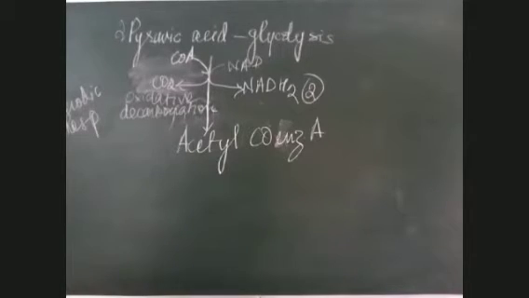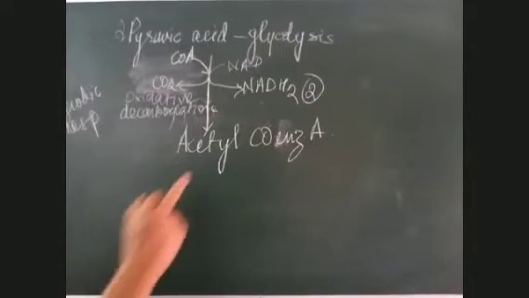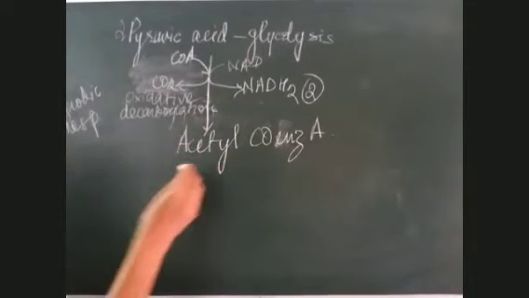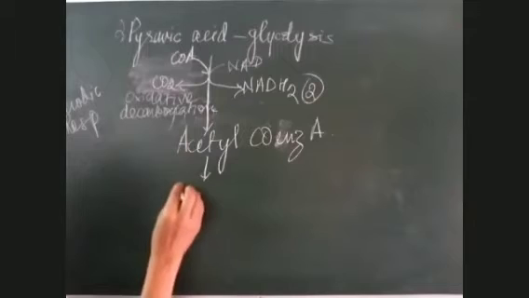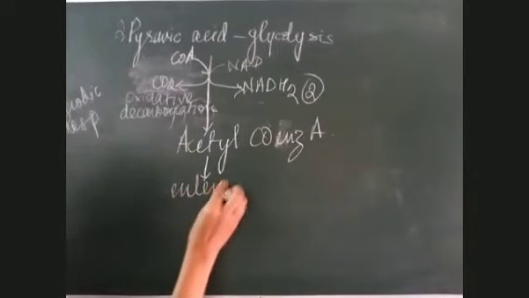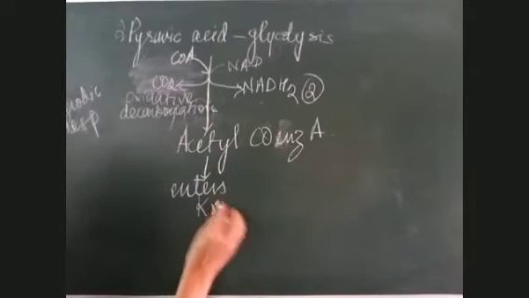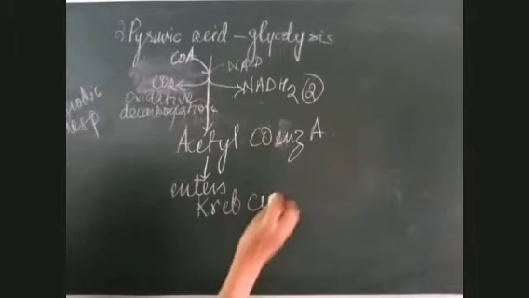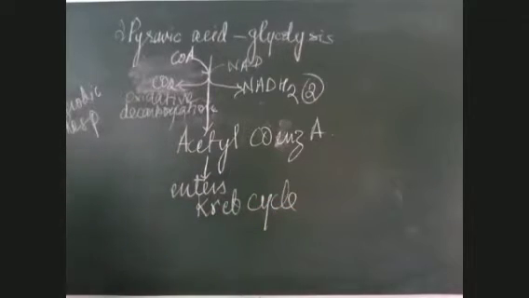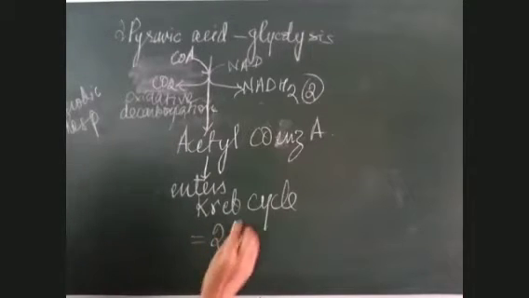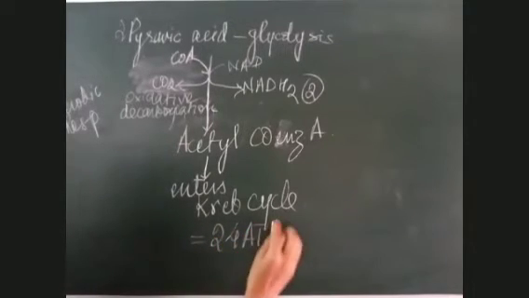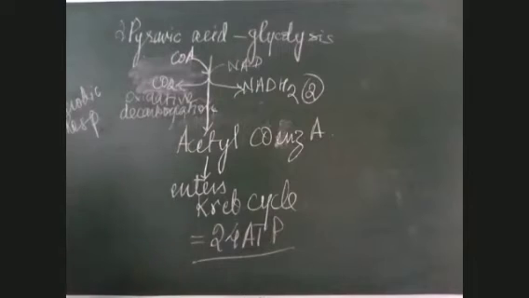So two molecules of NADH2 are synthesized, and then we get acetyl coenzyme A. This acetyl coenzyme A enters the Krebs cycle, in which 24 ATP are formed.